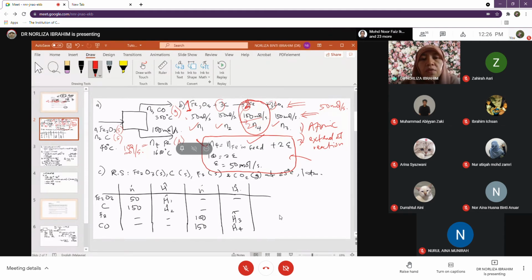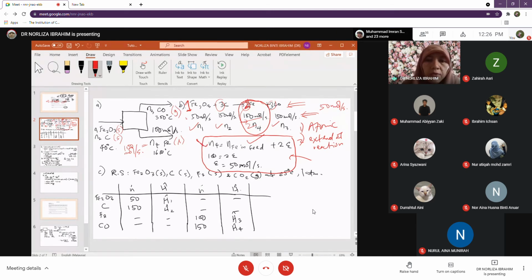So the flow or the mole balance of this component will be: your ferric oxide will be fed 50 mole per second, your carbon will be 150 mole per second, your ferrum being produced in liquid is 100, your CO is 150.